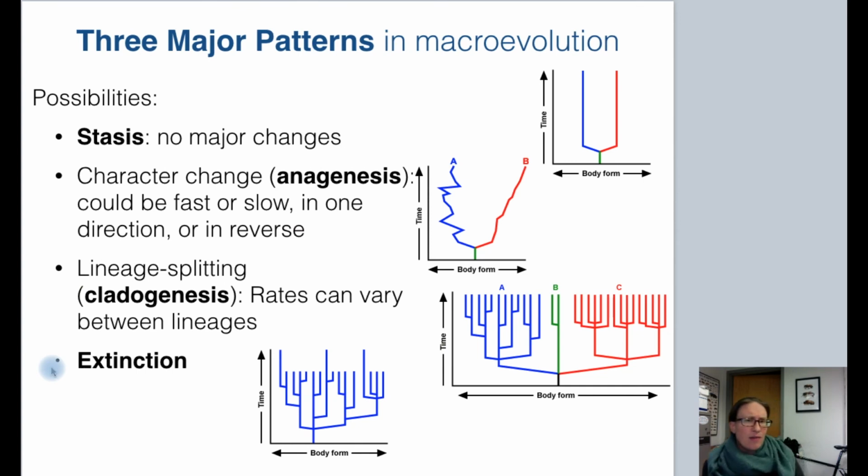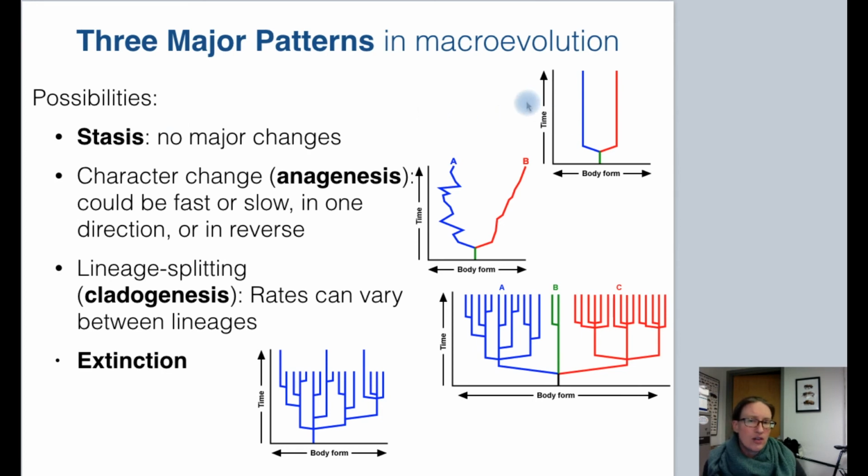There are really three major types of patterns in macroevolutionary history. In some cases, we observe situations where there's been stasis, so cases where there haven't been major changes in the traits of organisms through evolutionary time.